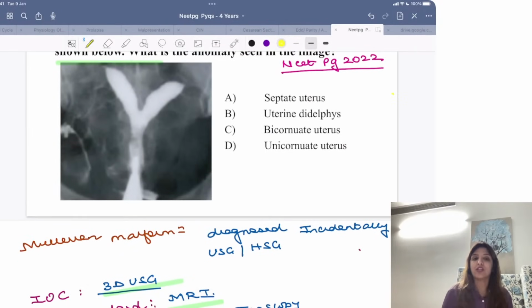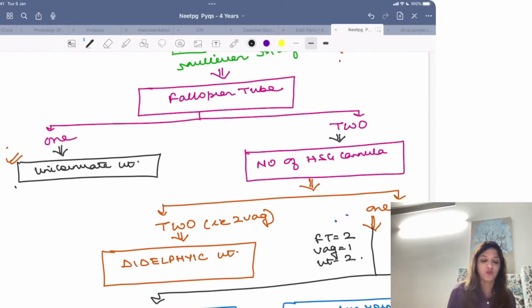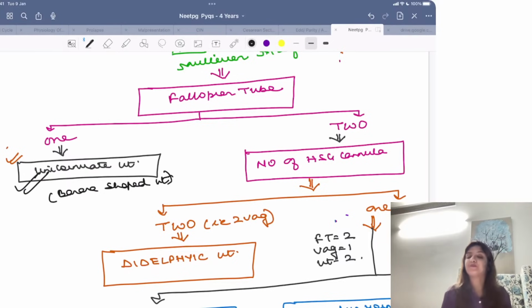Because if you are getting one fallopian tube, then that means it is a case of unicornuate uterus. There is only one condition where you get a single fallopian tube, and that is unicornuate uterus. So in unicornuate uterus, you will get one fallopian tube and you will get a banana shaped uterus.